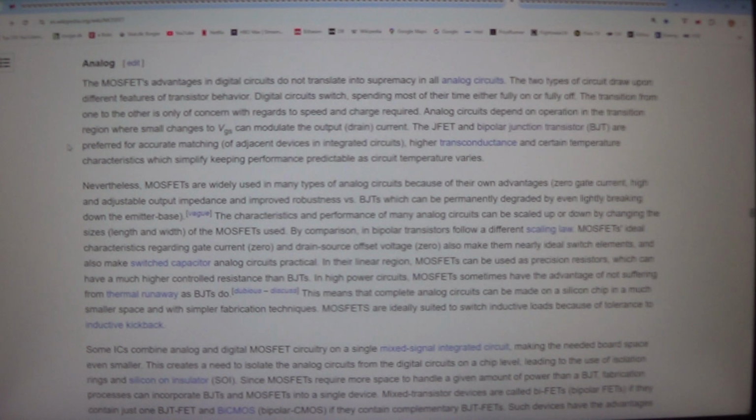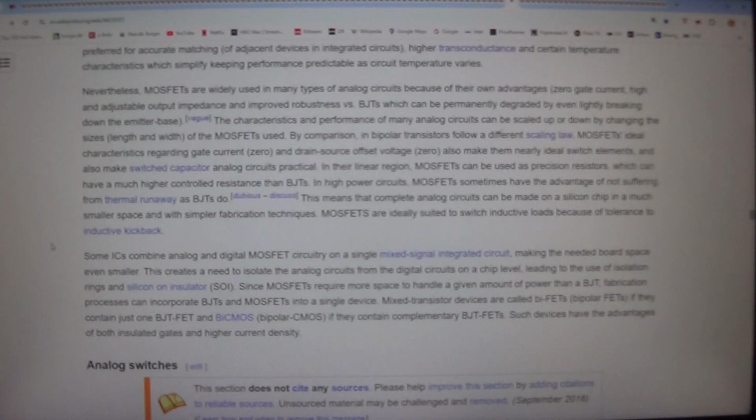The MOSFET and bipolar junction transistor, BJT, are preferred for accurate matching of adjacent devices in integrated circuits, higher transconductance and certain temperature characteristics which simplify keeping performance predictable as circuit temperature varies.